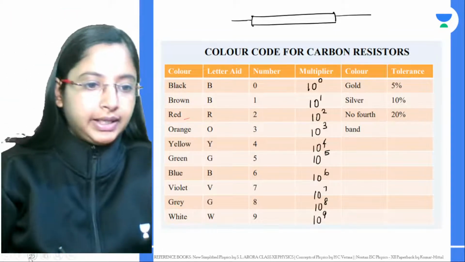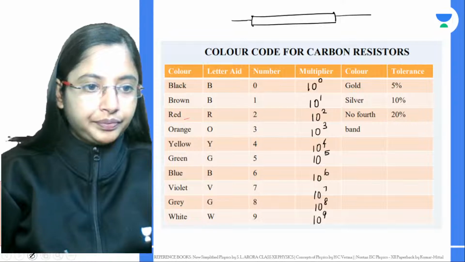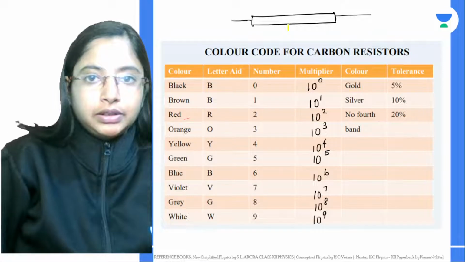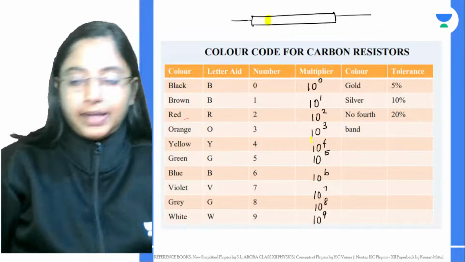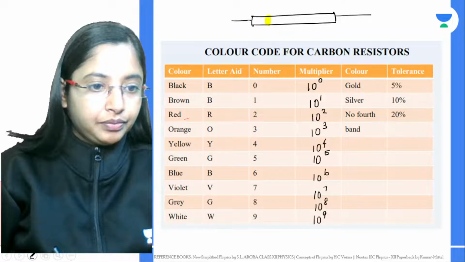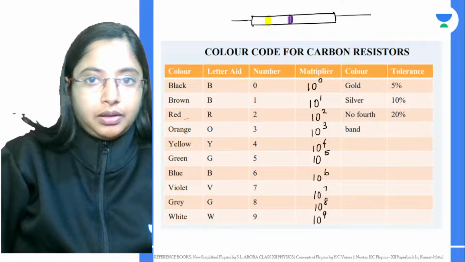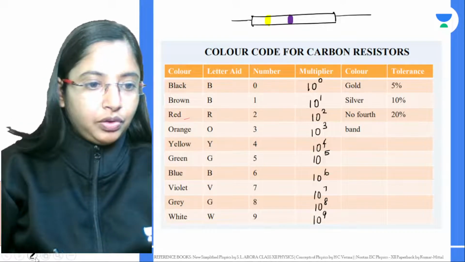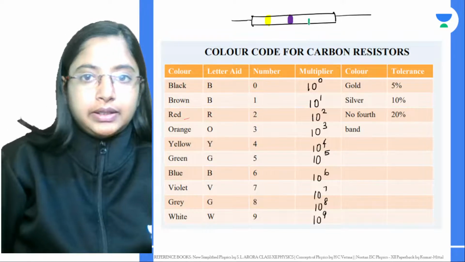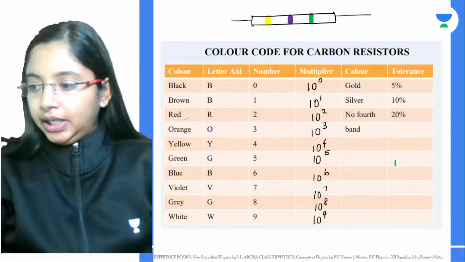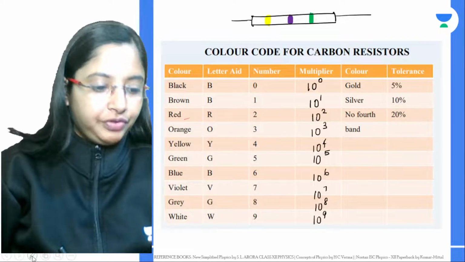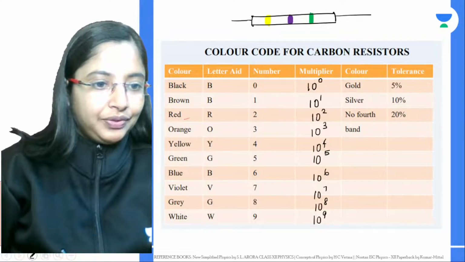Let's say the first band is yellow, followed by a violet band, then followed by a green band. I am just going to give 3 bands. Now what will be the value of this resistor?